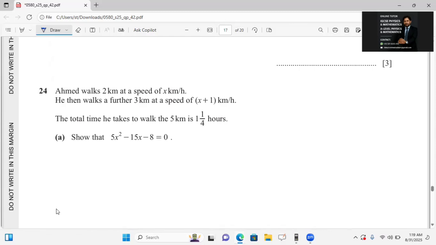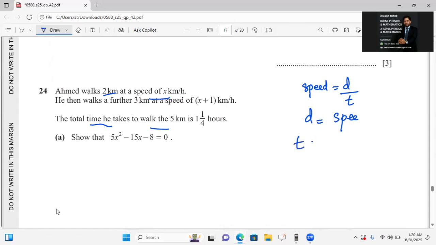As we know, the speed is equal to distance over time. Distance and speed are given, I need the time.